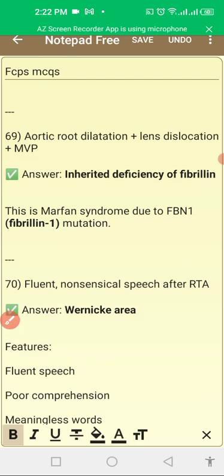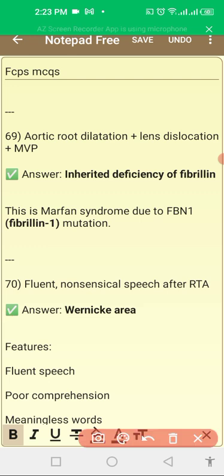So you have to rule out whether speech is making sense or not, whether speech is fluent or not, whether there are broken words or not, whether there is comprehension or not, and which area of the brain is damaged. It is the inferior frontal gyrus or the temporal lobe. So these things are very important to diagnose whether Broca's area or Wernicke's area is involved.